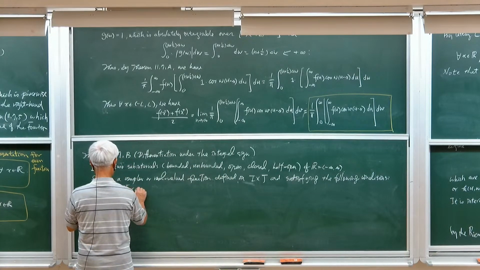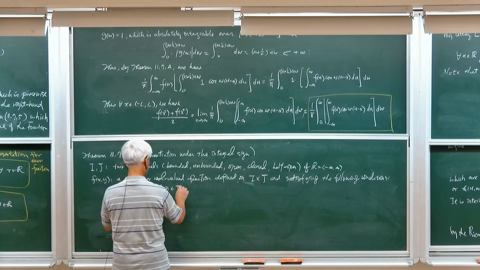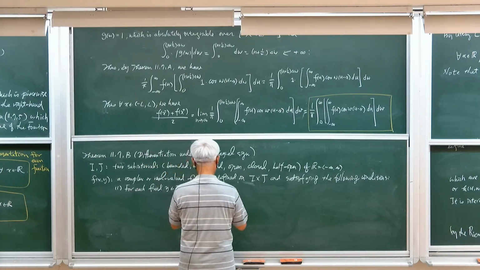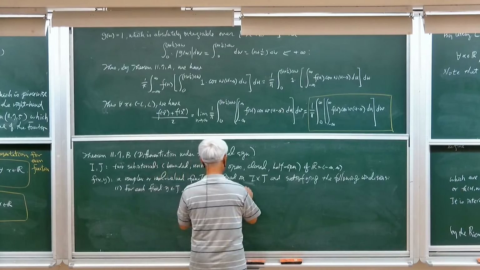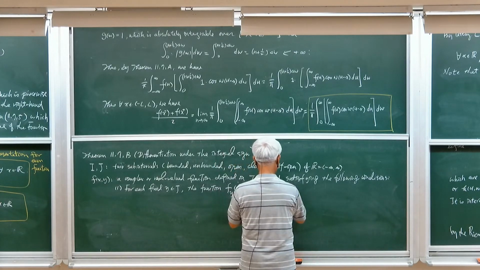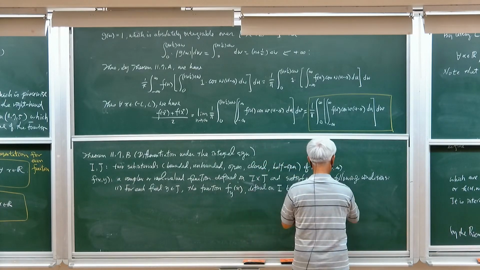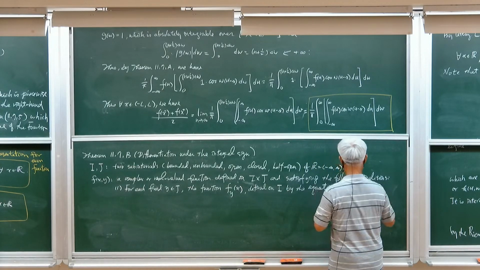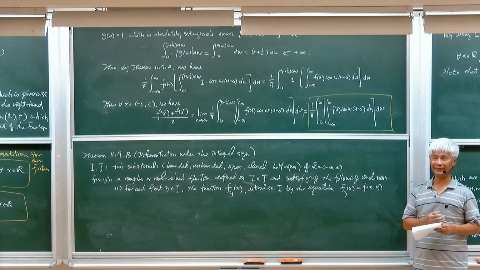One. For each fixed y in J, the function f indexed by y, defined on I by the equation f_y of x is equal to f of x, y, so that you can say this is the so-called marginal function.